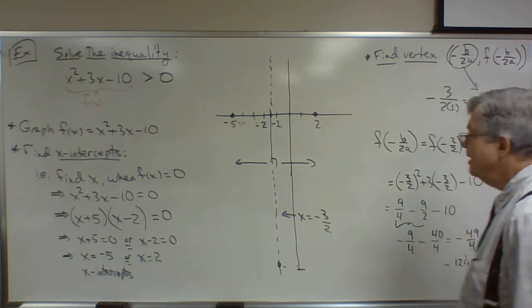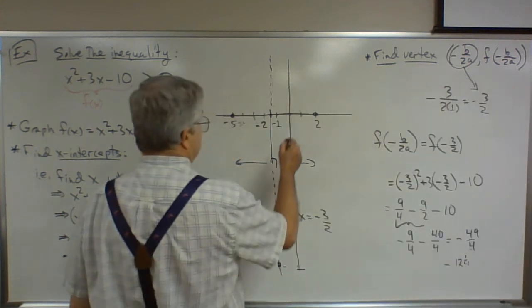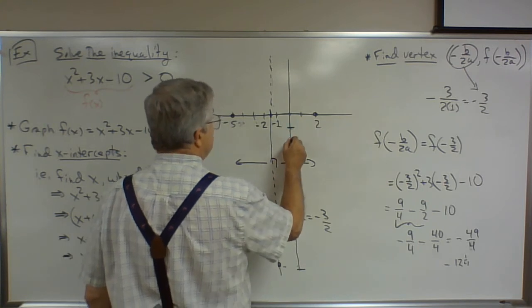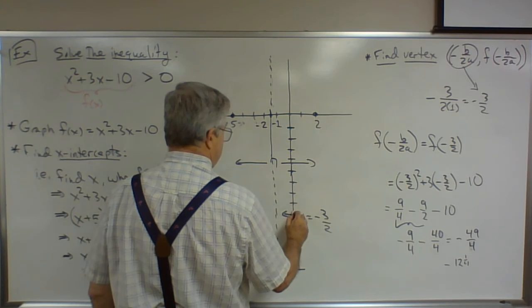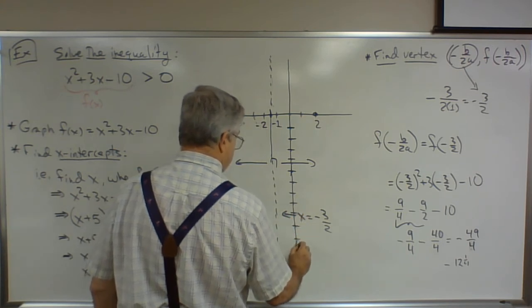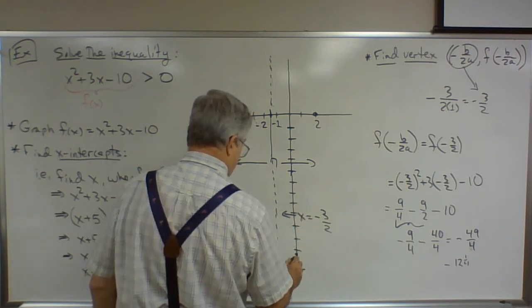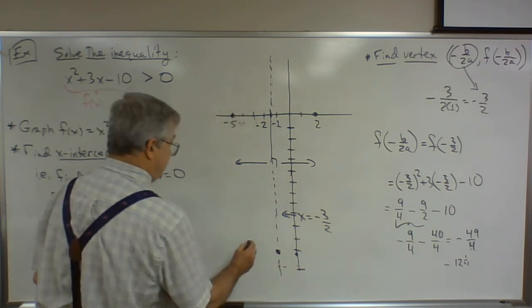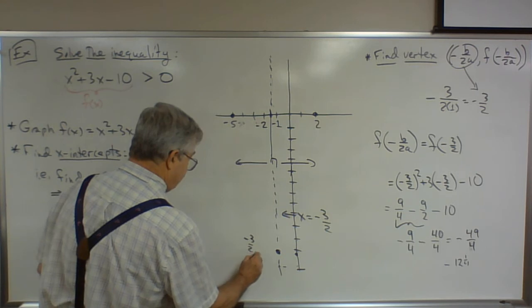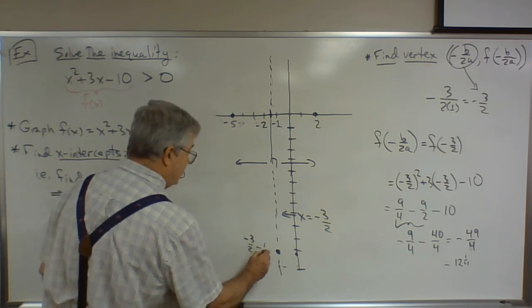Okay. We can actually plot that. 1, 2, 3, 4, 5, 6, 7, 8, 9, negative 49/4.